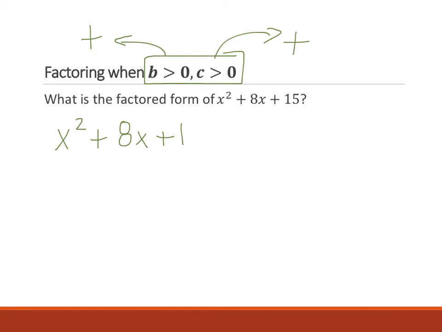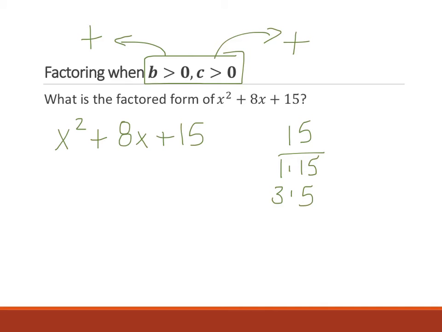Factoring involves asking yourself the question, what factors are possible for 15? In other words, what numbers can I multiply together to give me 15? Well, the first pair of factors is 1 times 15, and the second pair of factors is 3 times 5.